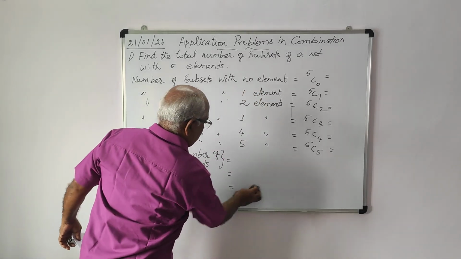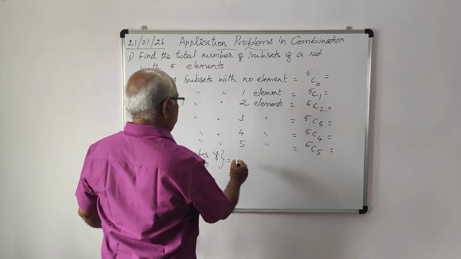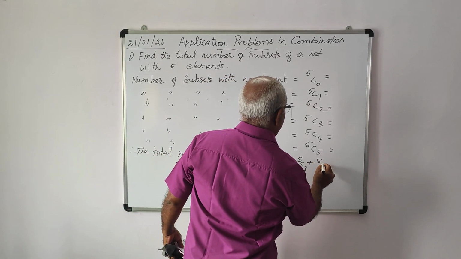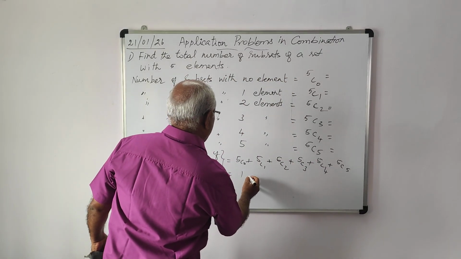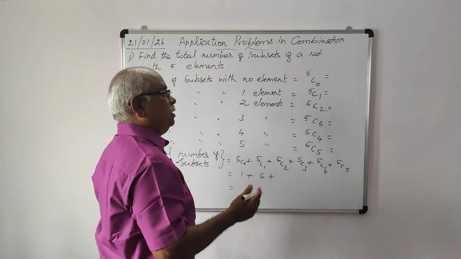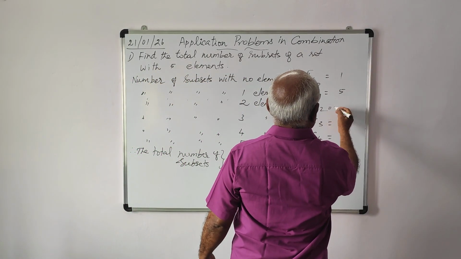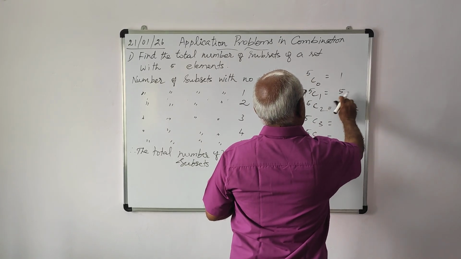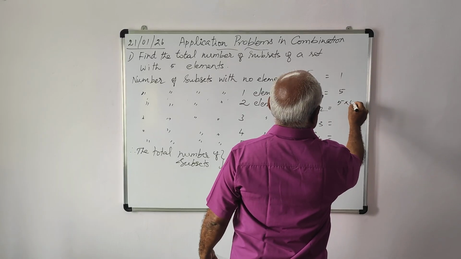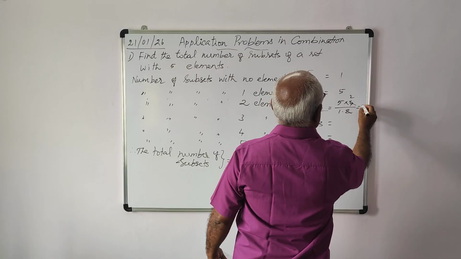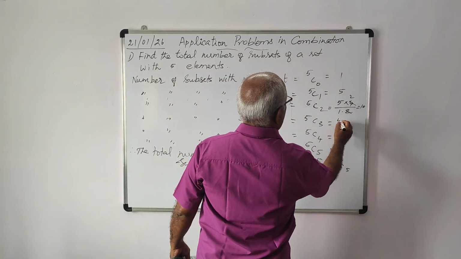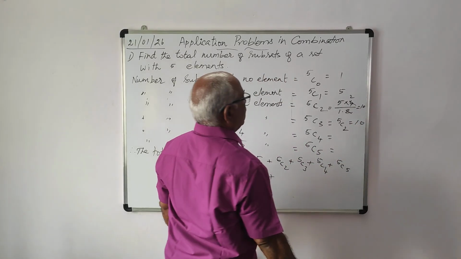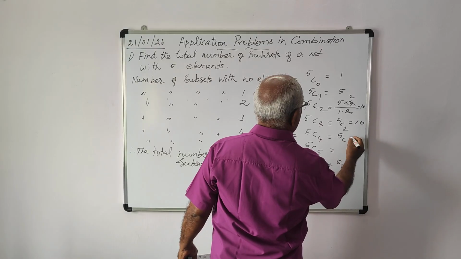5C0 is 1, 5C1 is 5, 5C2 is 5 into 4 by 1 into 2, which is 10. 5C3 is nothing but 5C(5 minus 3), which is 5C2, that is 10. 5C4 is 5C(5 minus 4), which is 5C1, that is 5.